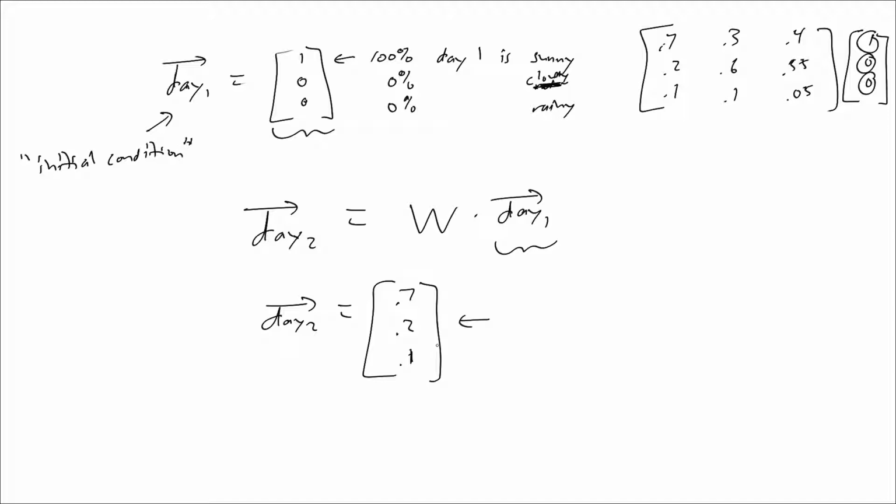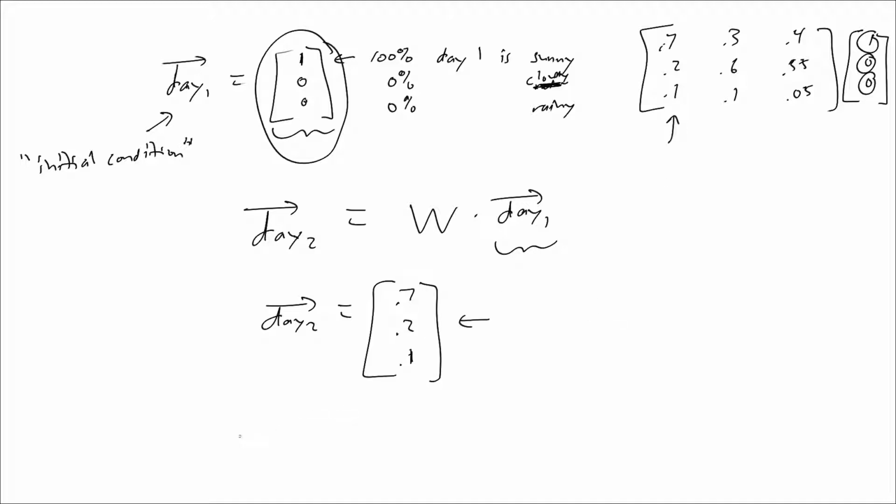So we're looking into the uncertain future, and we're not going to get a vector where all of the probability mass is on one option. We're going to get something where we have to hedge our bets, right? But what we're saying here is that if day 1 is sunny, then day 2 is more likely to be sunny than the other options, because that's what that column looks like.